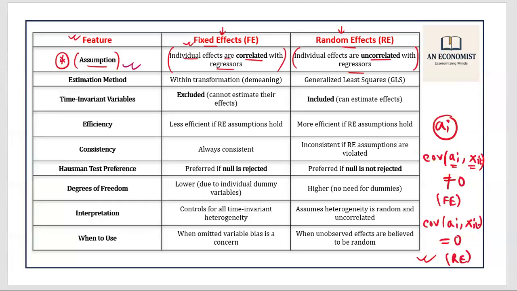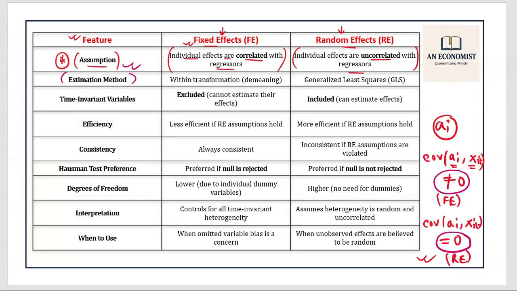So this portion is done, that in case of fixed effect model, the unobserved heterogeneity or the individual effect will be correlated with the regressor. That is, this covariance will be not equal to zero. But in case of random effect model, this covariance will be exactly equal to zero, which means that it will be uncorrelated with the regressor.